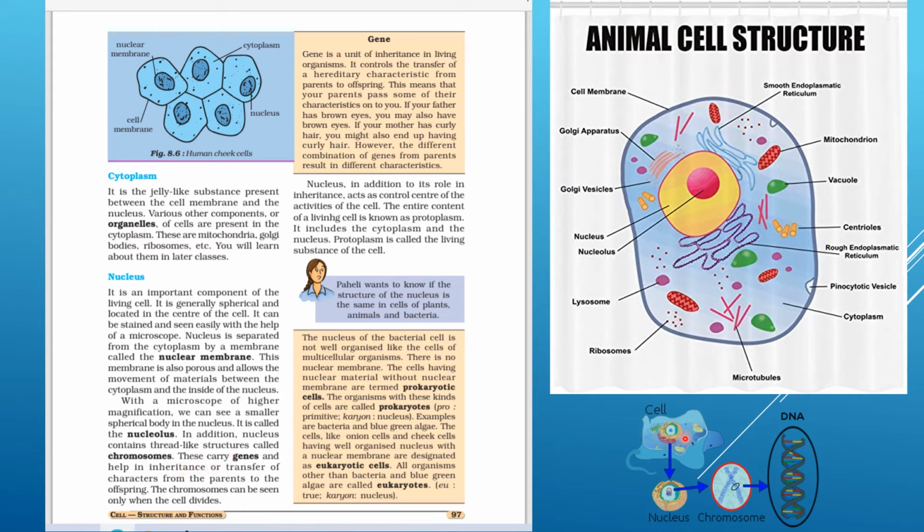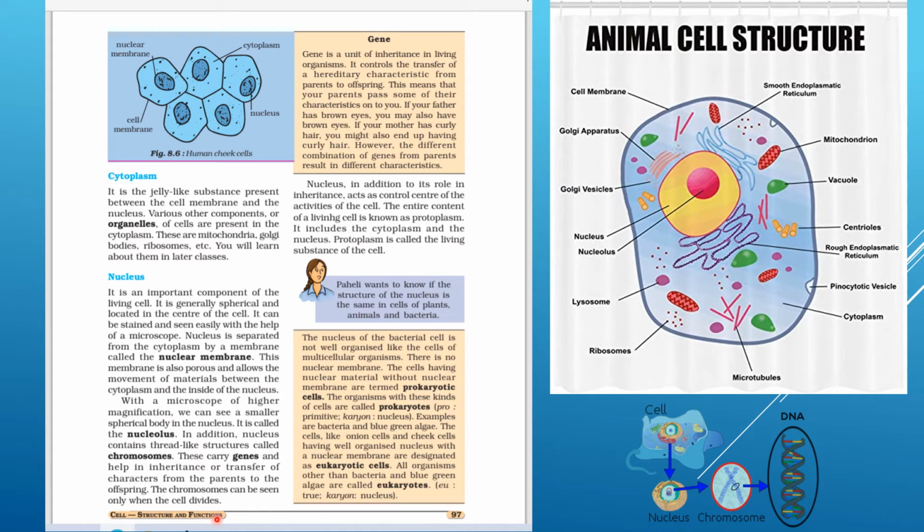Inside the cell there is a nucleus. Inside the nucleus, chromosomes, and then DNA is there. These carry genes and help in inheritance, or transfer of characters from the parents to the offspring. The genes are responsible for it, and the chromosomes can be easily seen when we divide the cell.